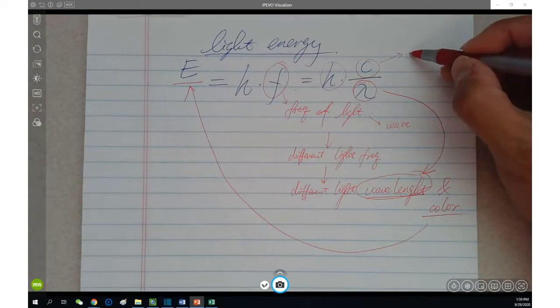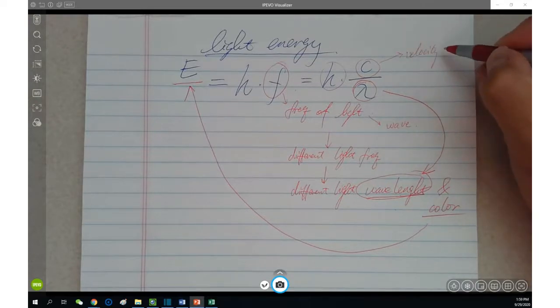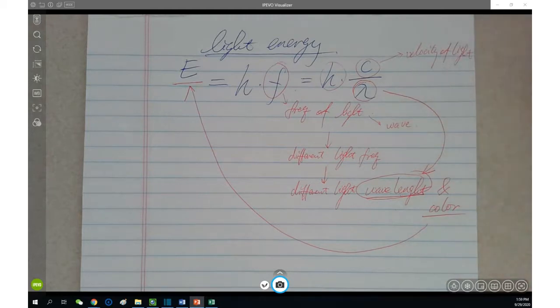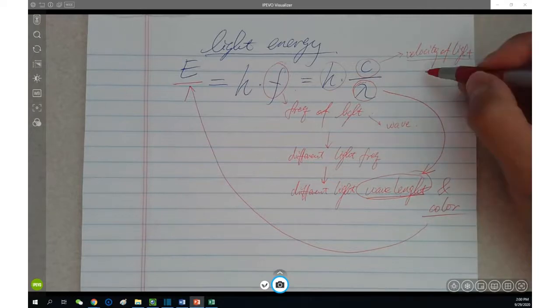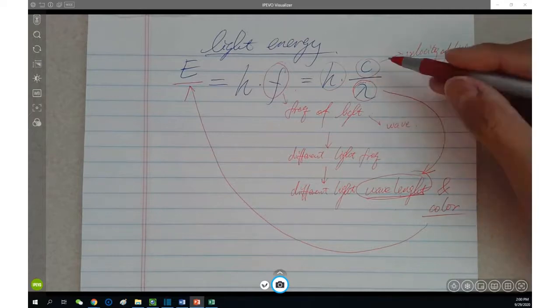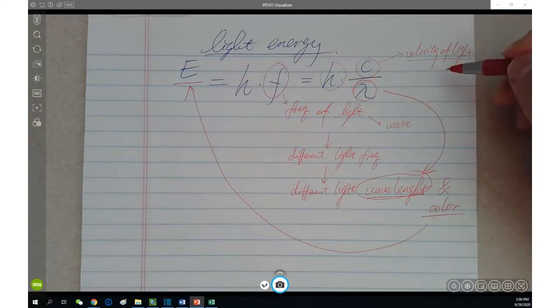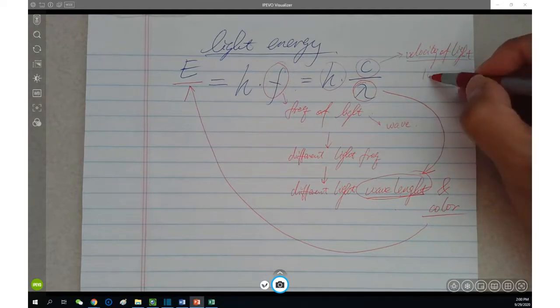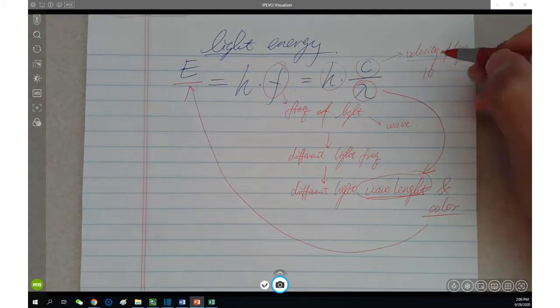The speed of light. So then what is the value of the velocity of light? It's a constant. C is a constant. What is it? 10 to the power of something with some number in front of it.